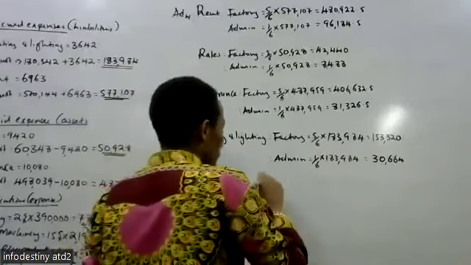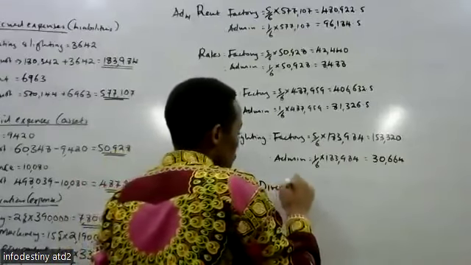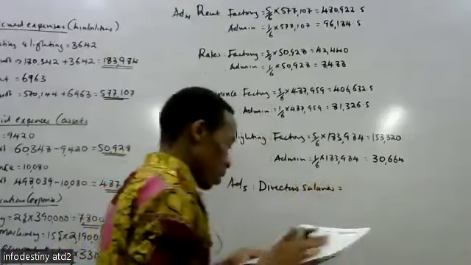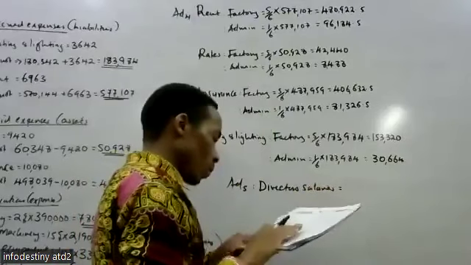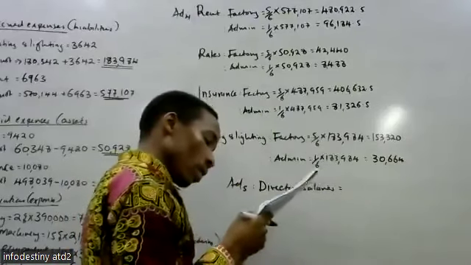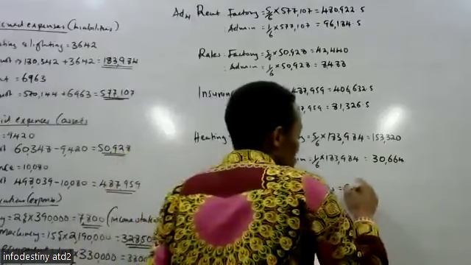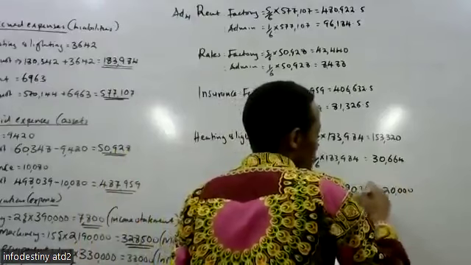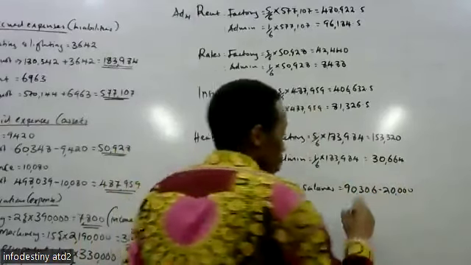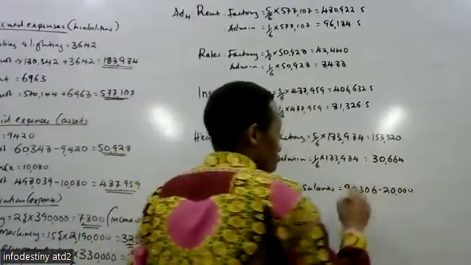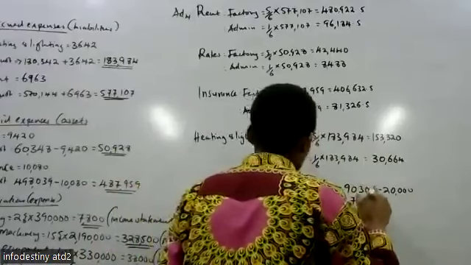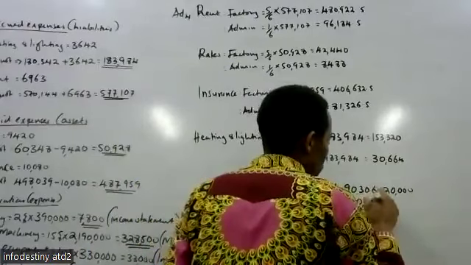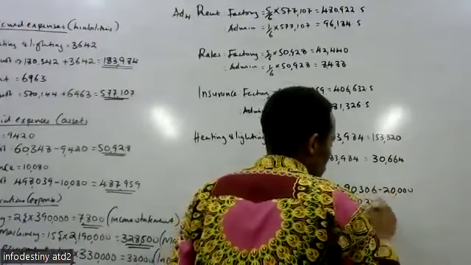So the first one, we adjust the director salaries. We are given an amount of 9306. We minus 20,000. That's the amount specifically for all the other directors, 7306.